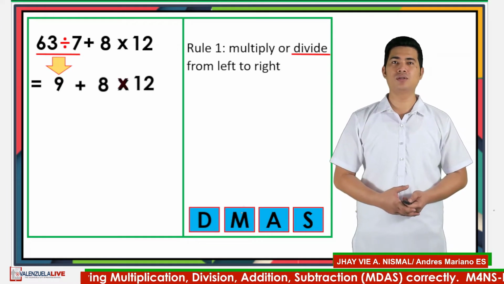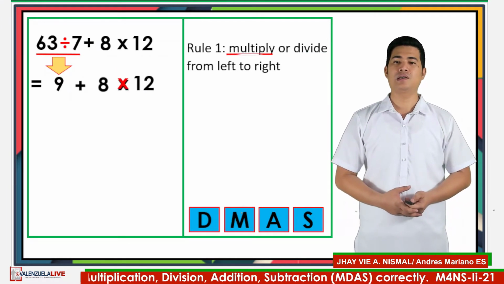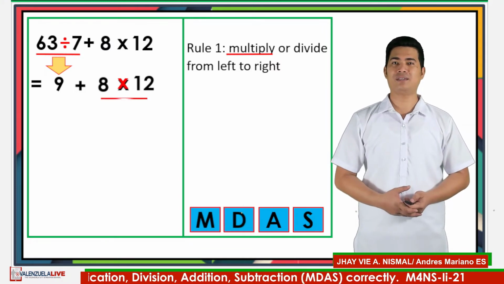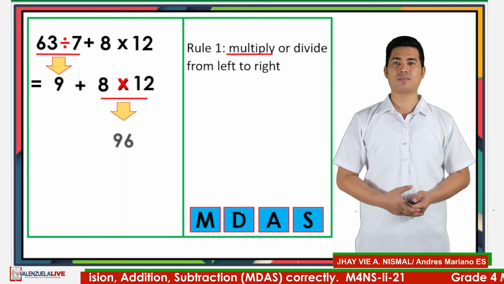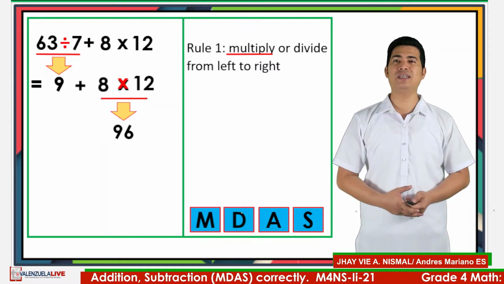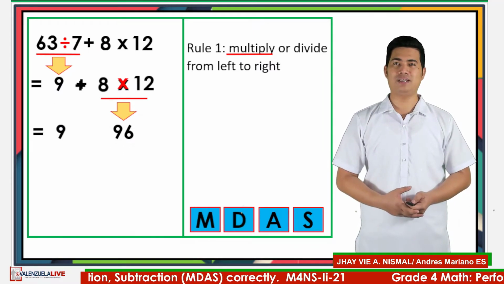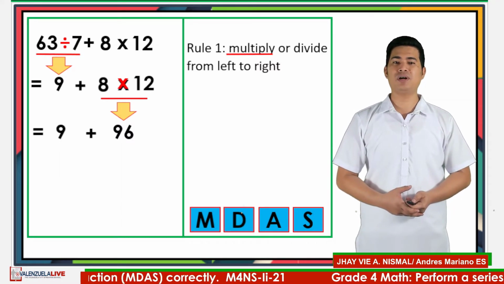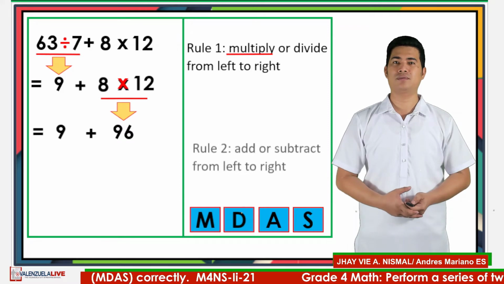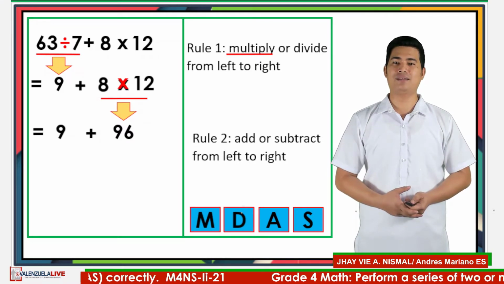Next, proceed to multiplication. Multiply 8 times 12. 8 times 12 is equal to 96. Then bring down plus 9. Since the remaining operation is addition, let's add.